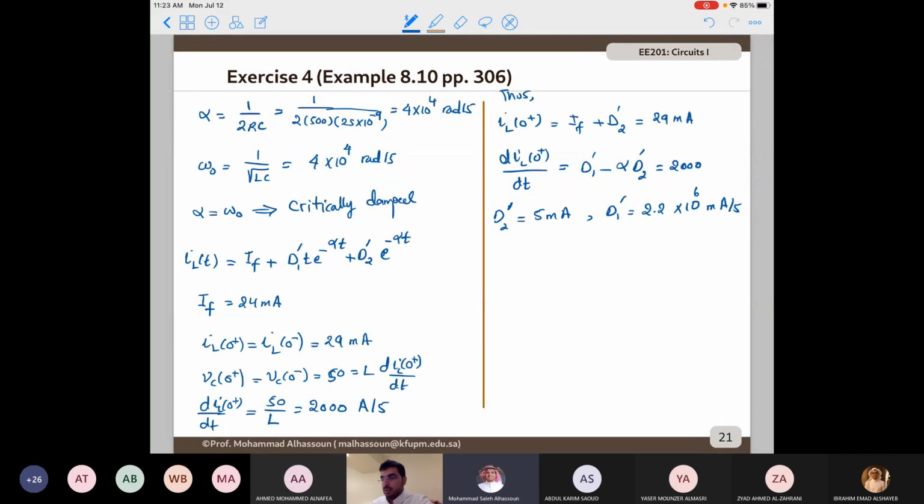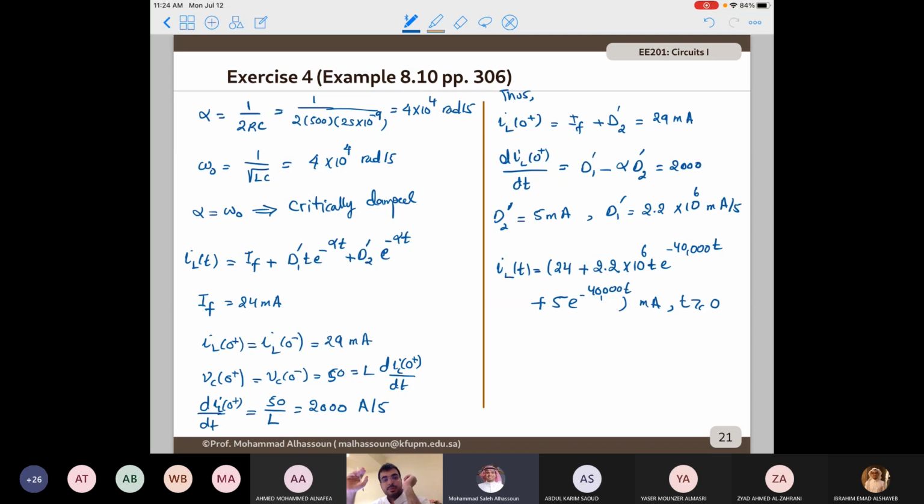So we need to substitute. And this is simply the current passing through the inductor.